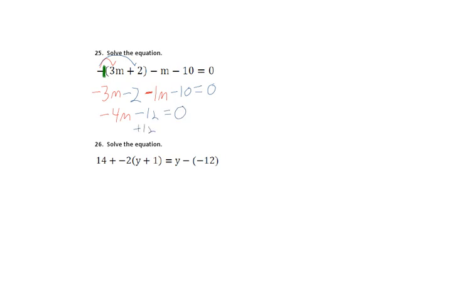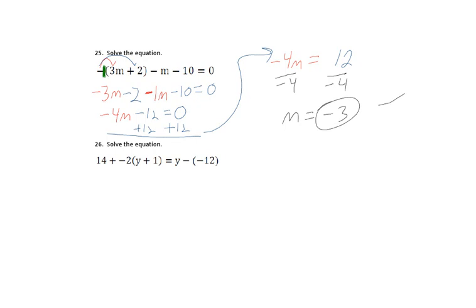From here we could add 12 to both sides. So this becomes negative 4m equals positive 12. Finally, let's divide by negative 4, and we shall be finished. The answer is negative 3.